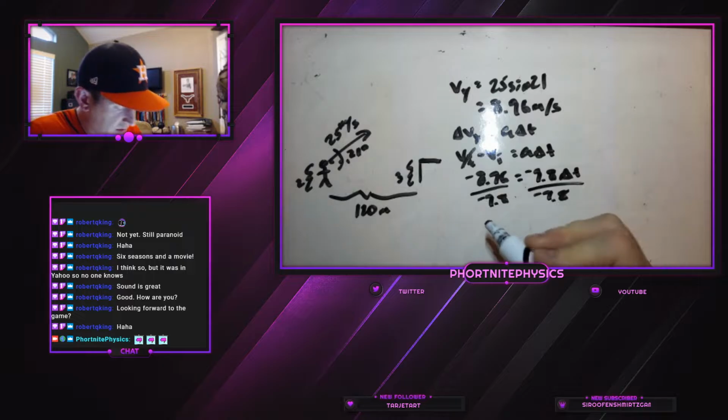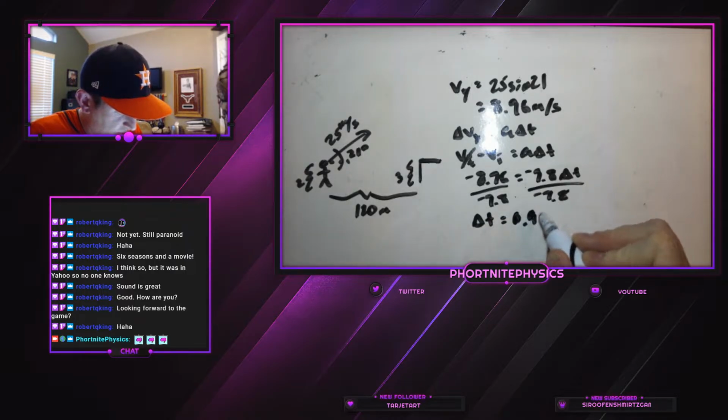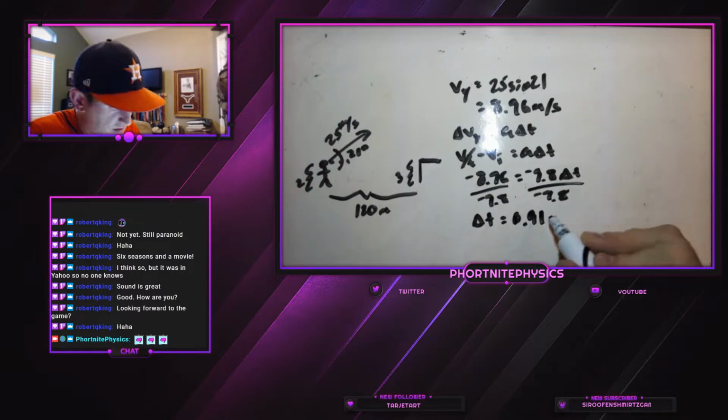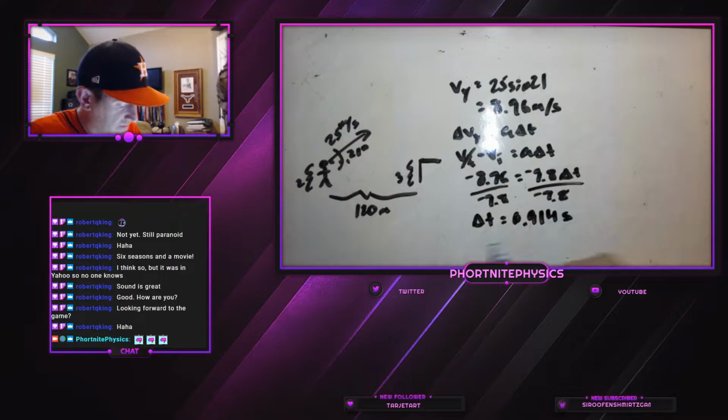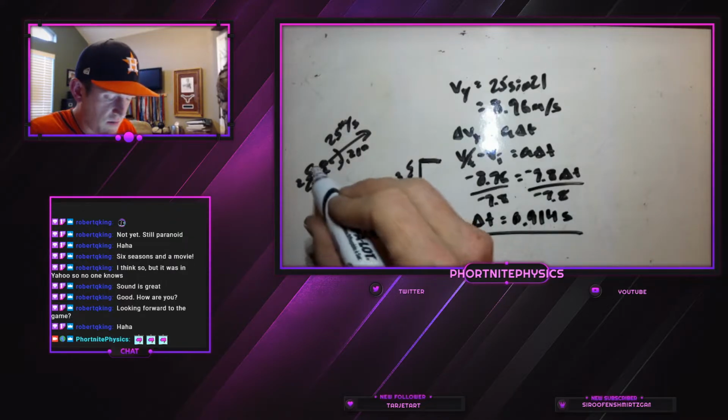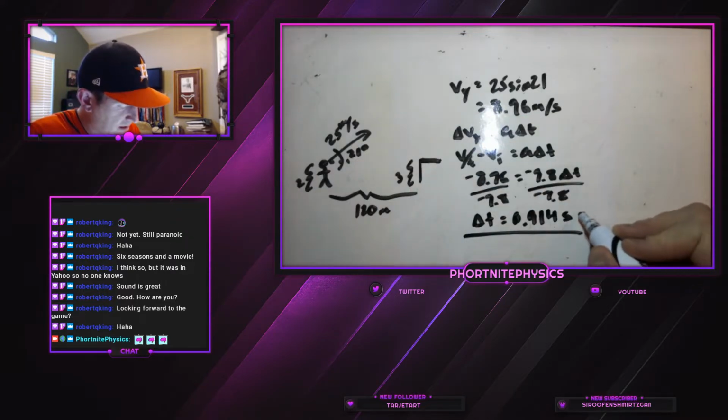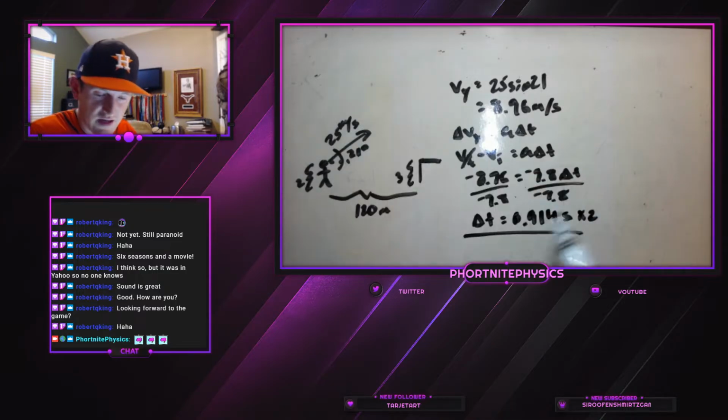And we find out that our ball is in the air 0.9142 seconds. Okay, and that's just from when he hits it to the time up. But of course, we need to multiply by 2 to find out how long it takes to come back down.